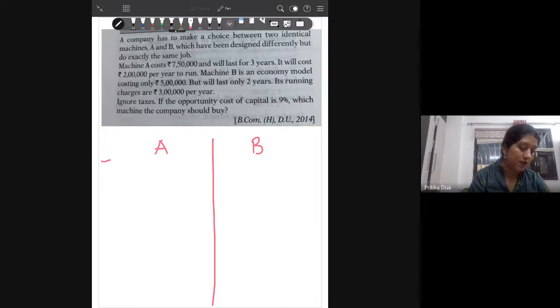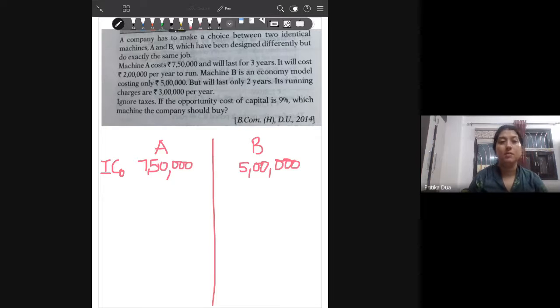So the initial cash outlay for machine A is 7 lakh 50,000, whereas the initial cash outlay for machine B is 5 lakh.